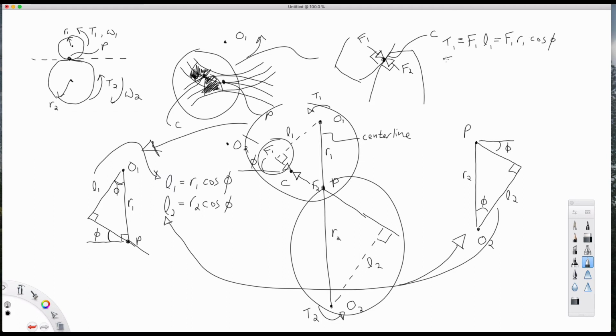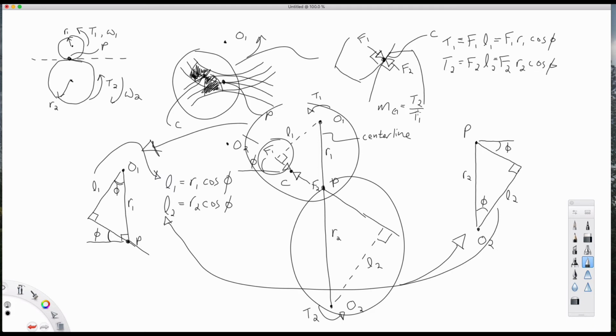And then the torque at gear 2 is going to be equal to F2 times L2, or F2 R2 cosine phi. Based on this, we can calculate what the speed ratio is.